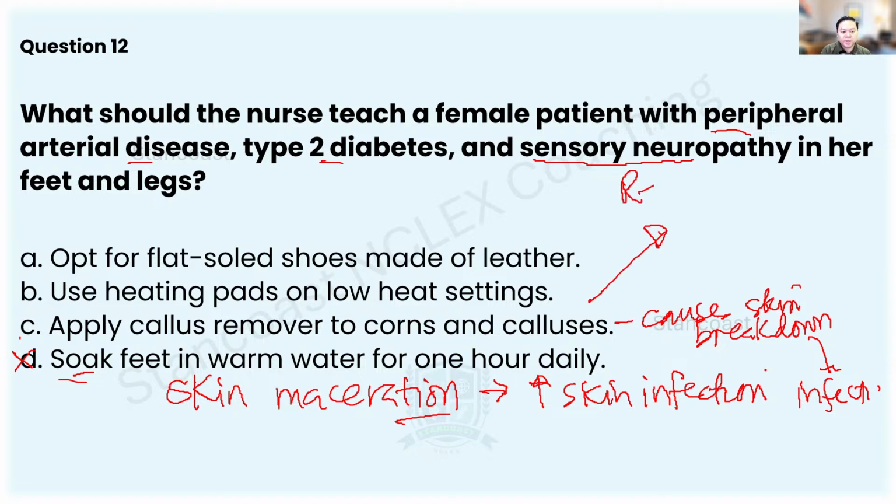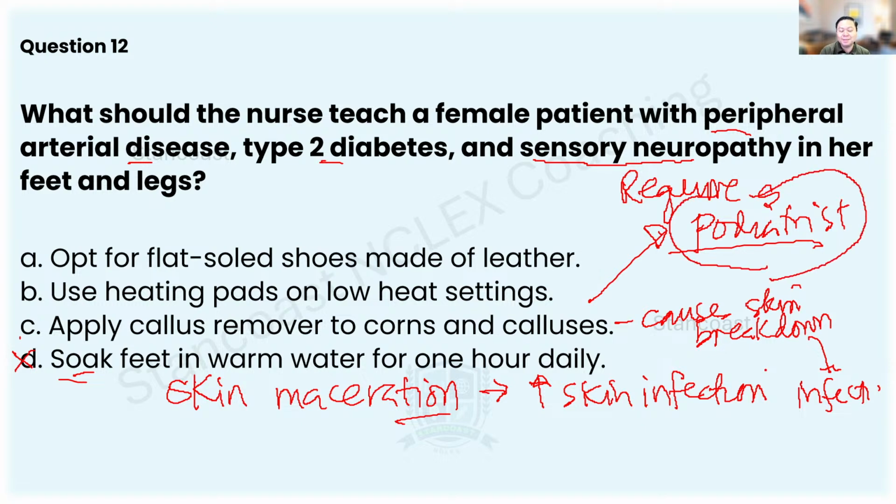This will require a podiatrist, and this will apply to any diabetic patient, especially if it involves foot care. If there's any kind of appearance of corns, calluses, any blister, yes, they need to see a podiatrist. This is the recommendation for diabetic patients.